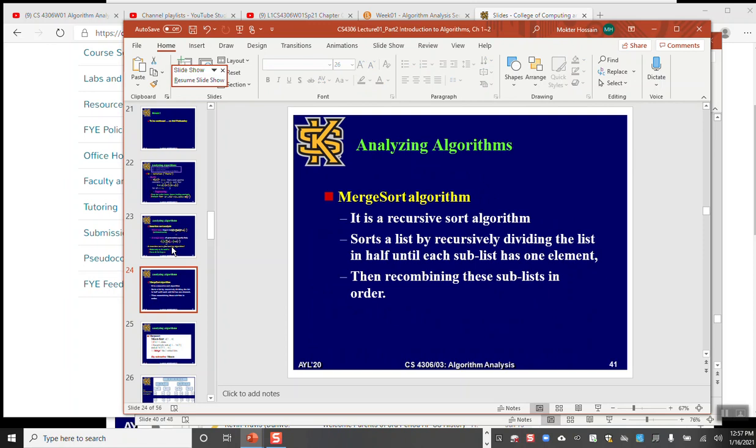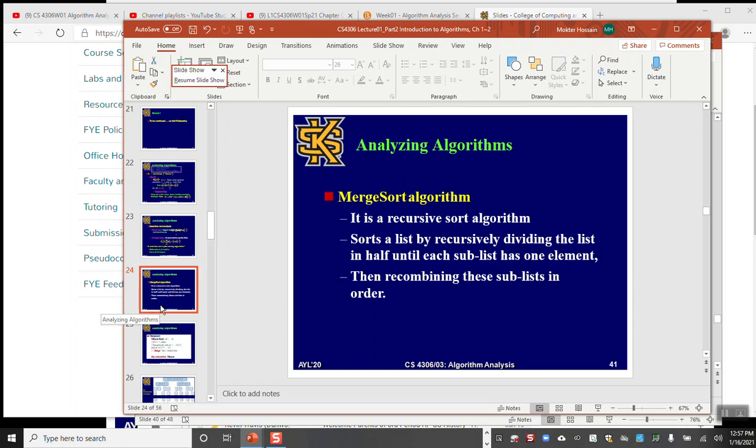What is that called? The merge sort algorithm. What is merge sort? It merges two lists. Actually, the array is split into two sublists, and then it compares, sorts, and merges.